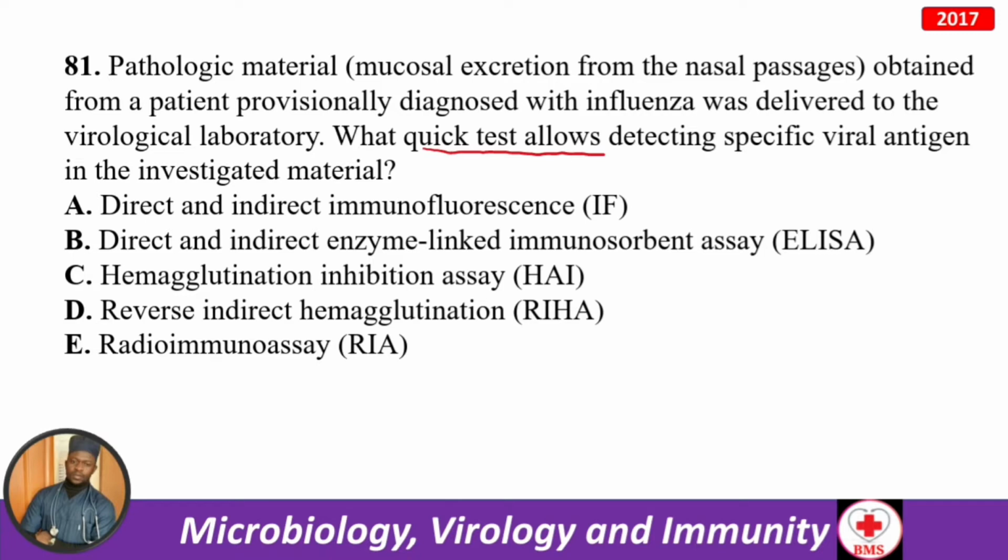So quick test, if you find this password, quick test is immunofluorescence. You just have to check here, and you only have direct and indirect immunofluorescence. The rest, there is no immunofluorescence here: ELISA, hemagglutination, and so on. So quick test, immunofluorescence.